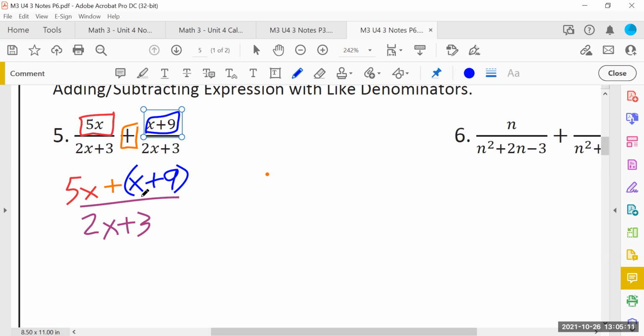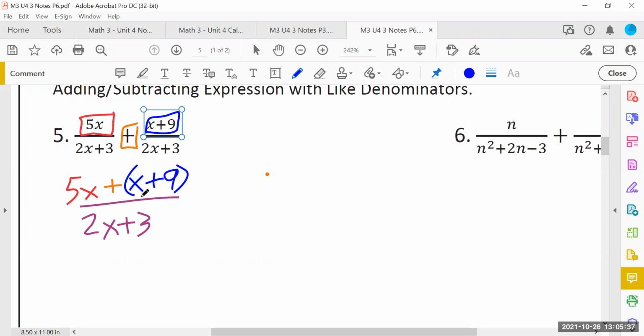Now, I'm going to combine like terms. The top, 5x plus x. Okay, be careful here. What is 5x plus x? 6x. Again, typically I get two answers. I get 5x squared and I get 6x, right? 6x is what we're looking for because I'm just adding them up. 5x's plus 1x makes 6x.